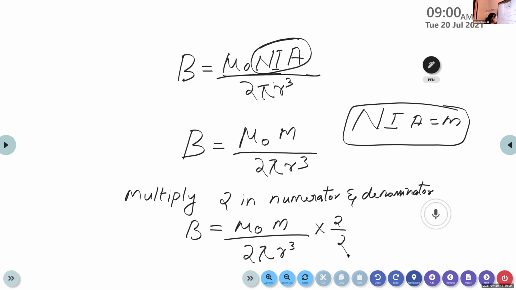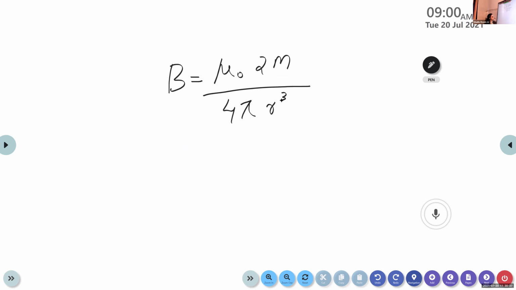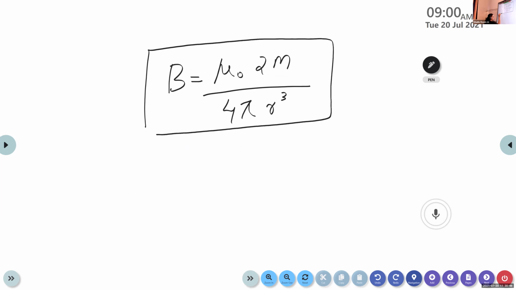By rearranging these terms, we get B is equal to mu 0 2m divided by 4 pi r cube. So this is the magnetic field produced at a point P due to this entire solenoid.